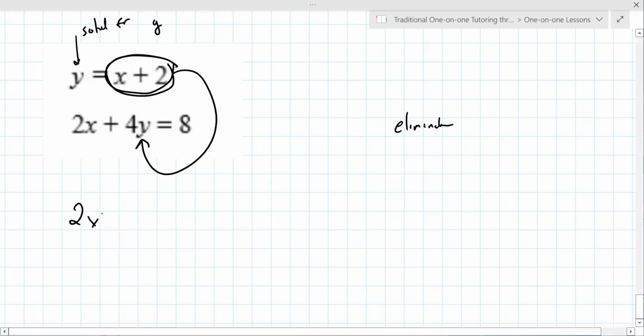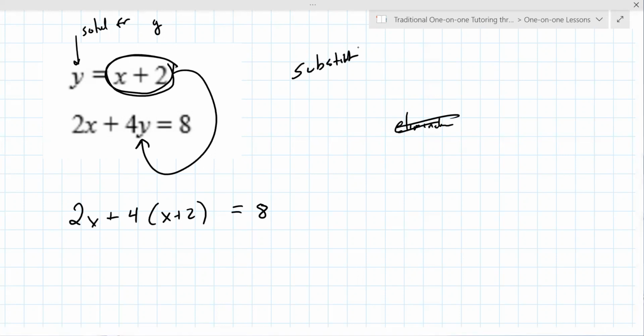So it's 2x plus 4 times x plus 2 equals 8. So you take that given value for y and plug it in the second equation. This is a substitution problem. Then from here you distribute, combine like terms, and solve for x.